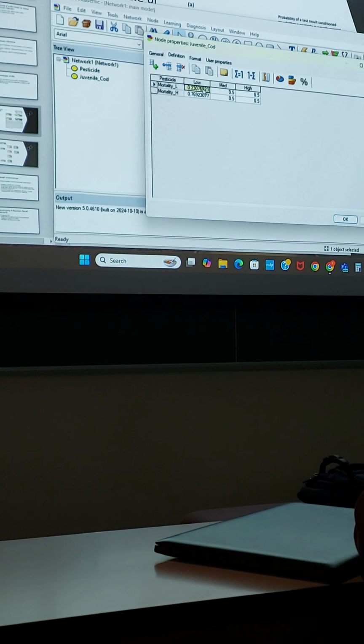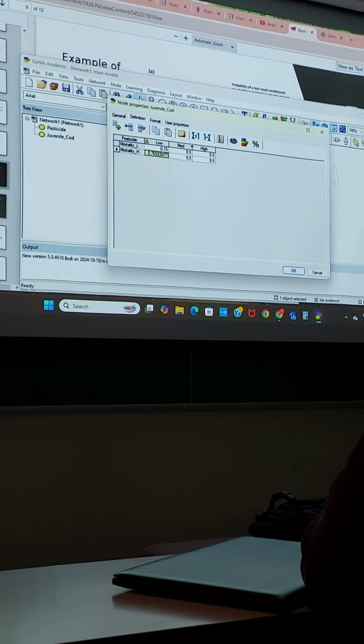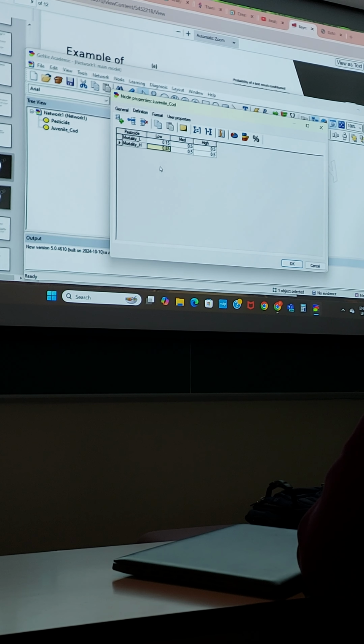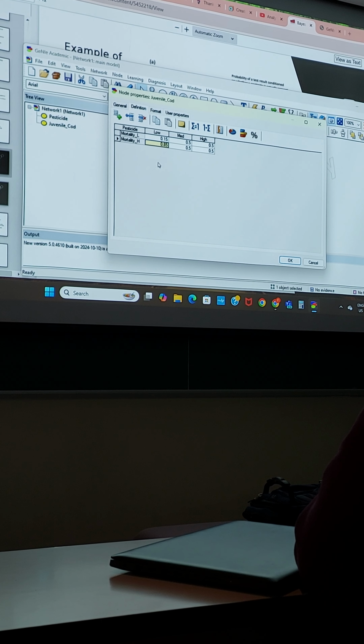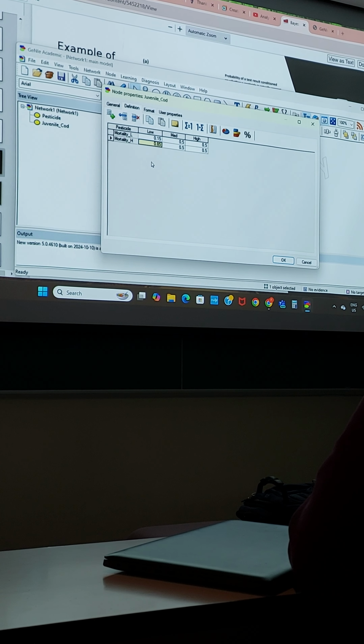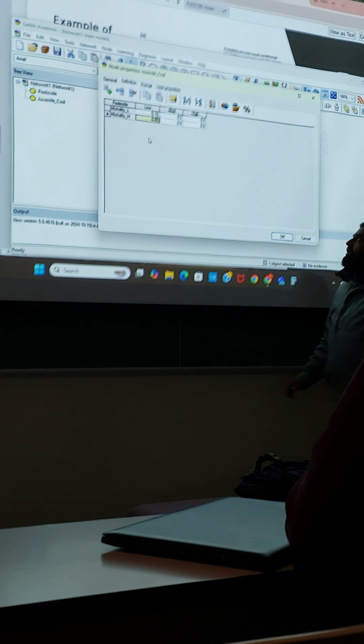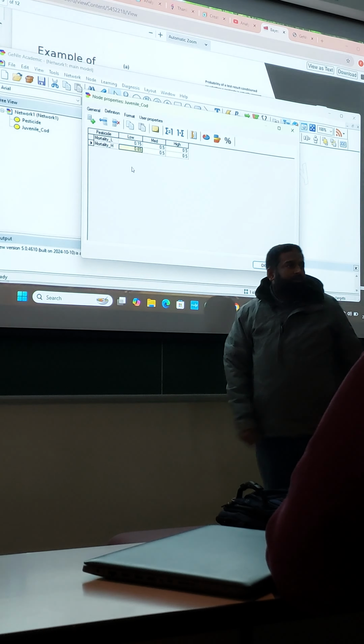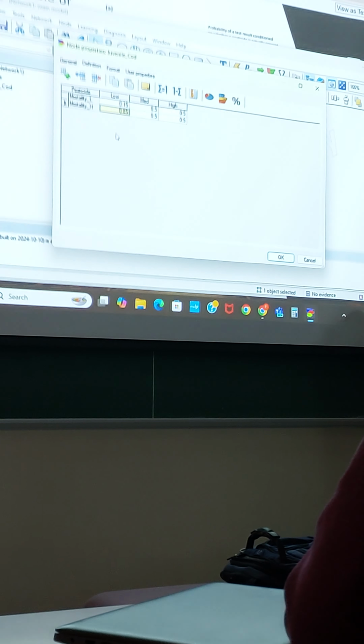So let's assume this is 1.5. Now, all right. Where do we get this data? An immediate question would be, how did I come up with this data, right?